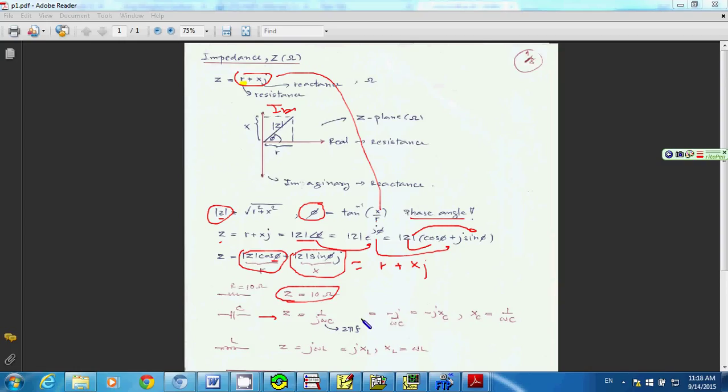And you can write in a different term become negative j xc, when xc is the reactance of your capacitor. So that's why I have xc here. And for inductor, the impedance of inductor is equal to j omega L, and your omega L you can write in the term of xl, which is reactance of inductor.